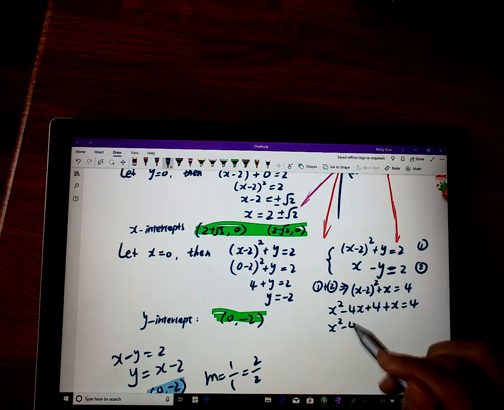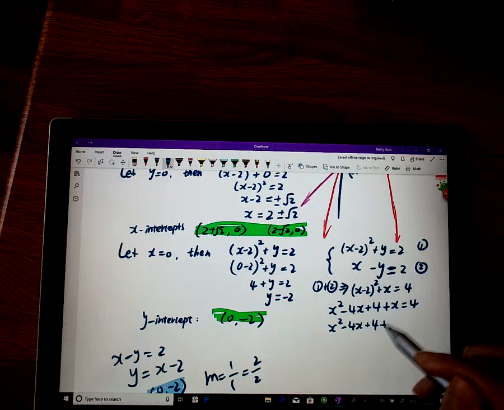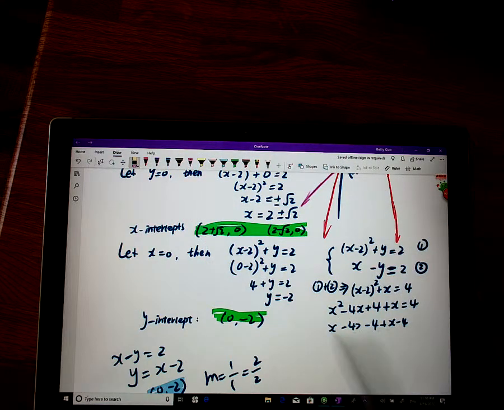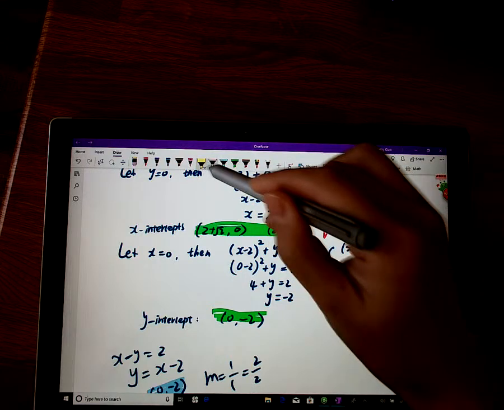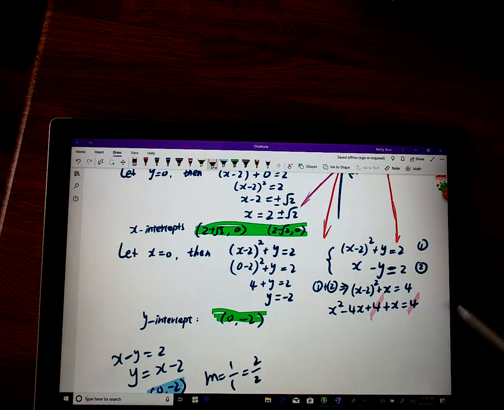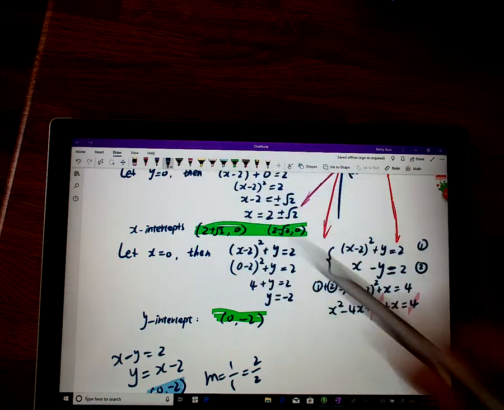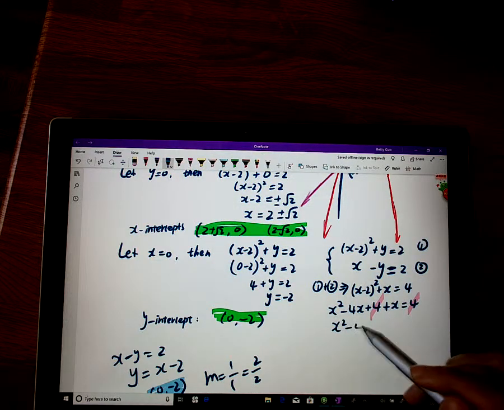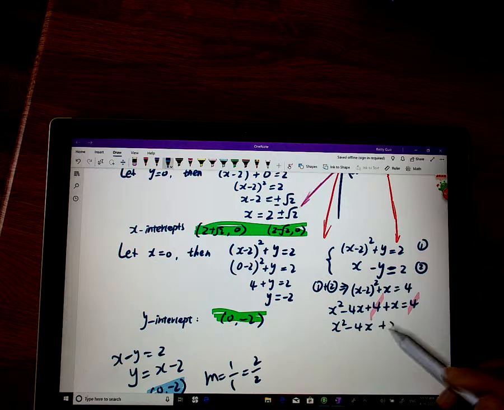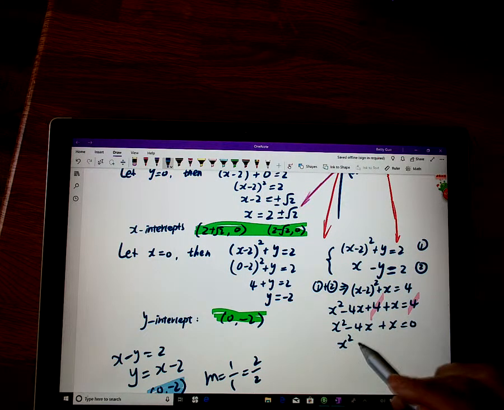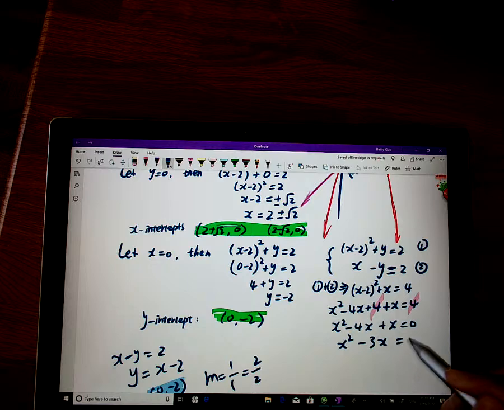Everything goes to the left. Oh, by the way, hold on. Before that, you see 4 on the left, 4 on the right. Could we just get rid of it? Yeah, then we would have x squared minus 4x plus x equals 0. Combine like terms, x squared minus 3x equals 0.